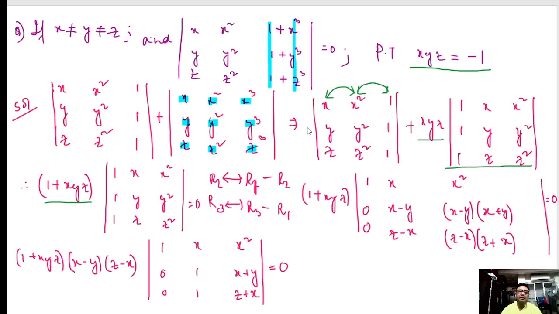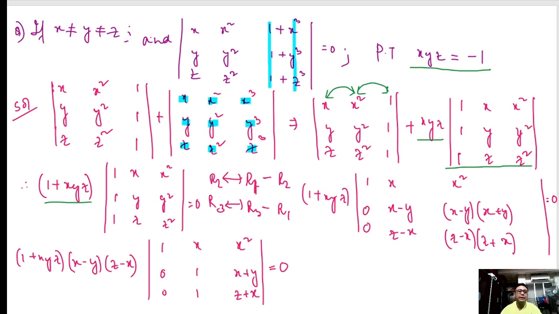There will be a minus sign here. Again when we interchange 1 1 1 with xyz, again a minus will come. So this determinant is now becoming common. So take it common. So we get 1 plus xyz equal to 0.